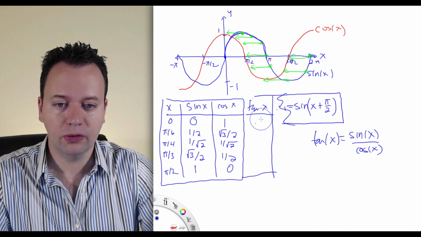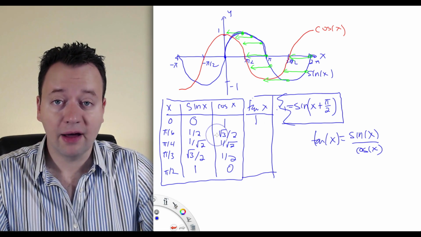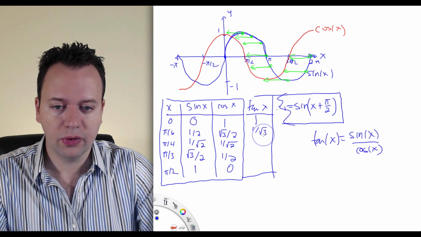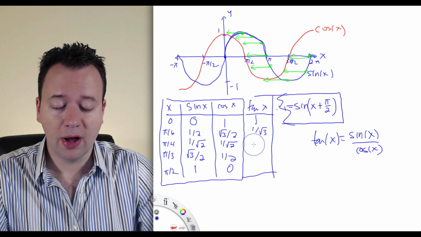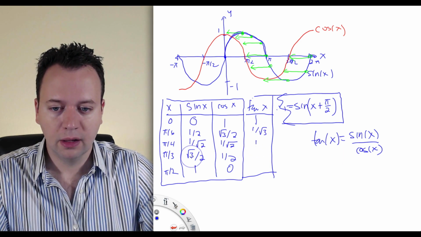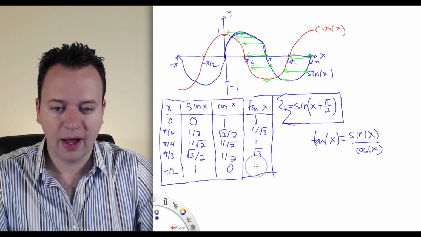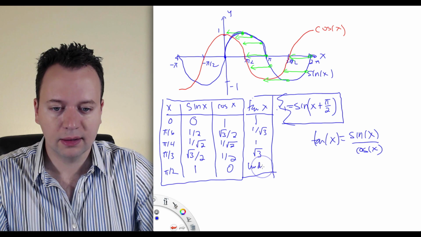So we have 0 divided by 1 is 0. 1 over 2 divided by root 3 over 2 is 1 divided by root 3. 1 over root 2 divided by 1 over root 2 is 1. Root 3 over 2 divided by 1 over 2 is equal to root 3. And then 1 divided by 0 is undefined.